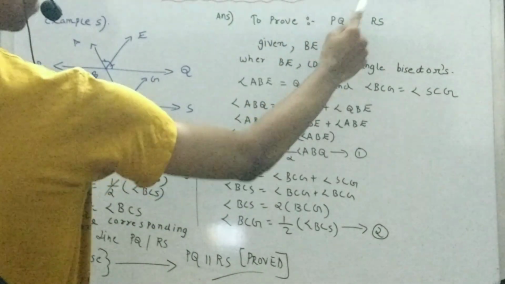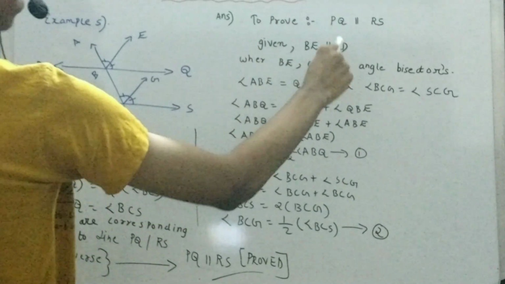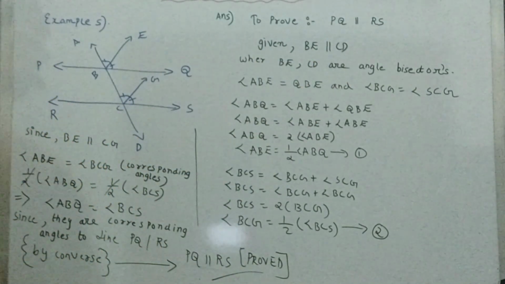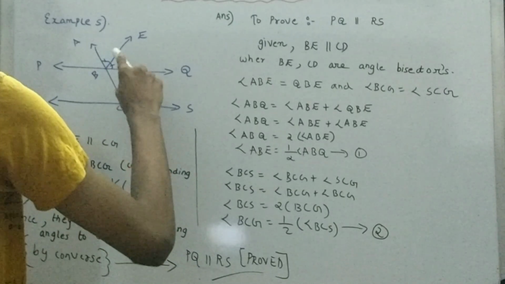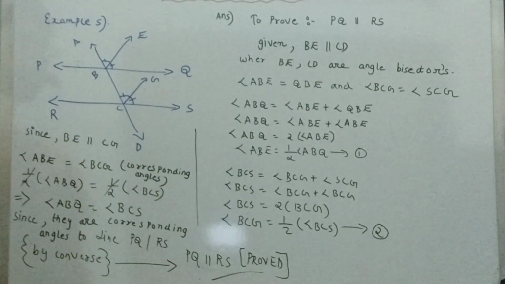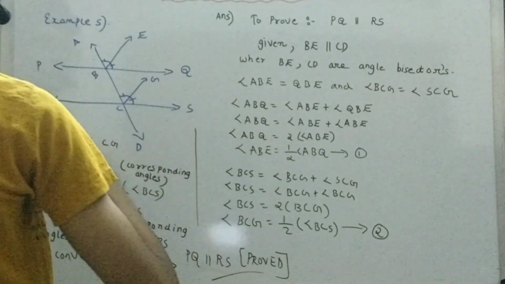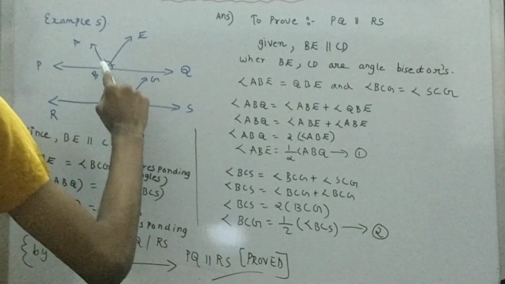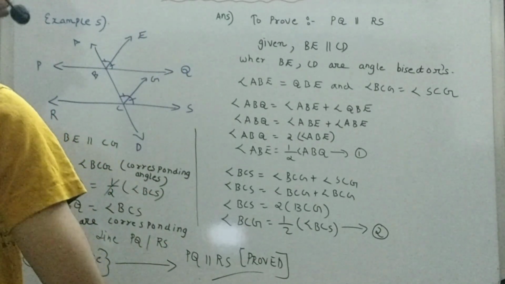We need to prove PQ is parallel to RS, and in the question it is given that BE is parallel to CG. Also, in the question it is said that BE and CG are angle bisectors. Since BE and CG are angle bisectors, we can say that this ray BE divides this angle into two equal halves.